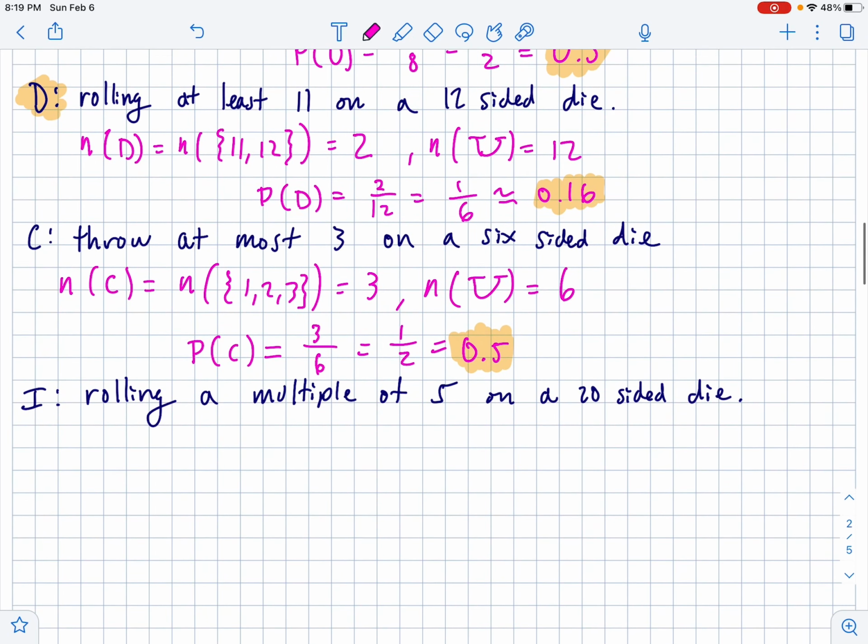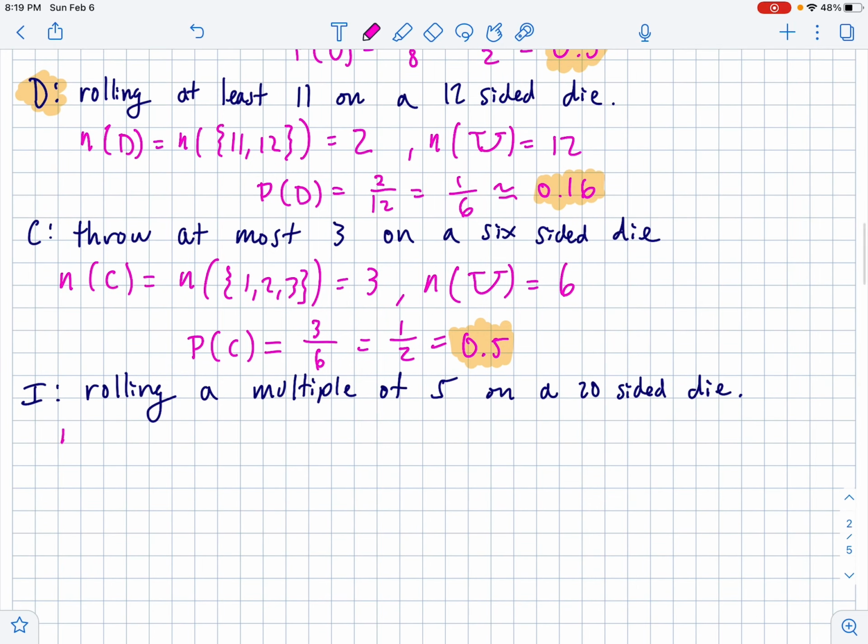Last one, rolling a multiple of 5 on a 20-sided die. Well, on a 20-sided die, let's think of all the ways that you can get a multiple of 5. So 1 is not a multiple of 5, but 5 is a multiple of 5. 5, 10, 15, and 20 would be on the 20-sided die.